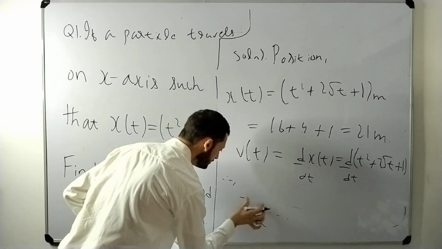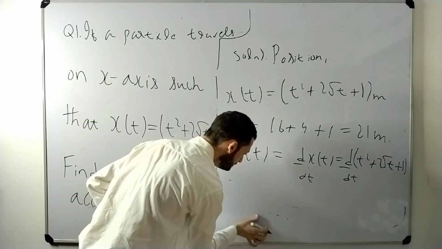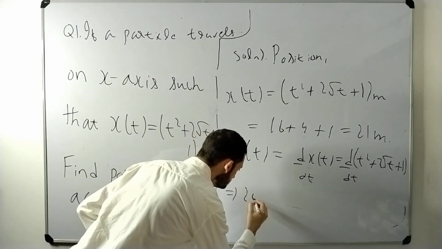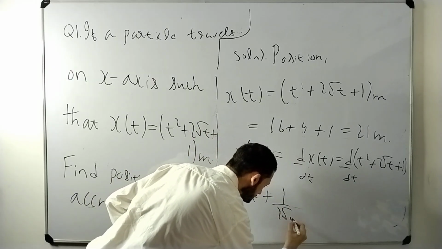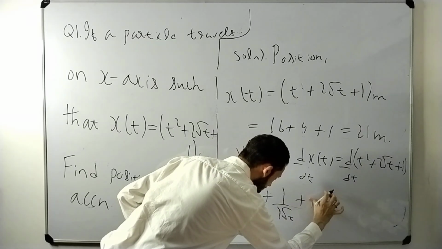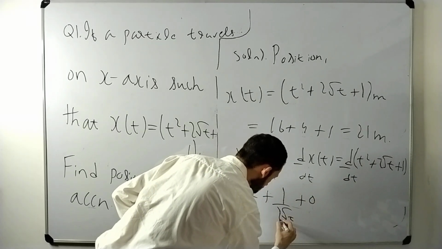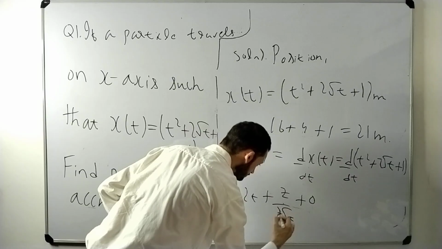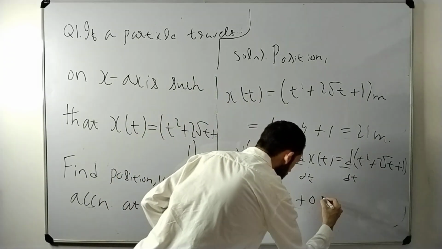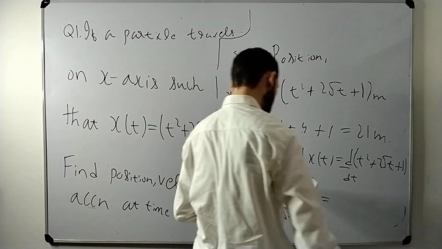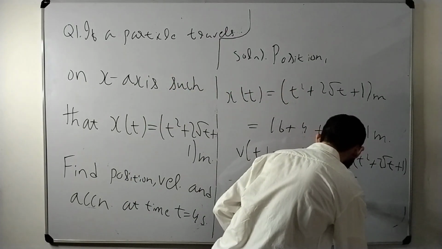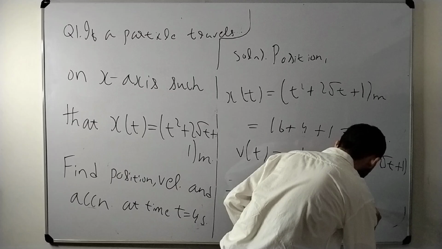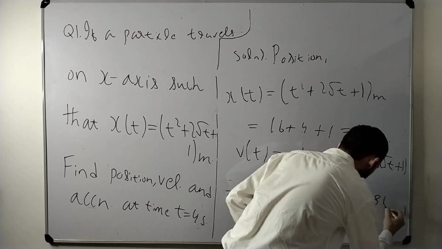Now you put this value and tell me what it could be. Sir, 8.5. Wait, this should be 8, and this is half. Yes, what you are saying is perfectly right. 8.5 meter per second.